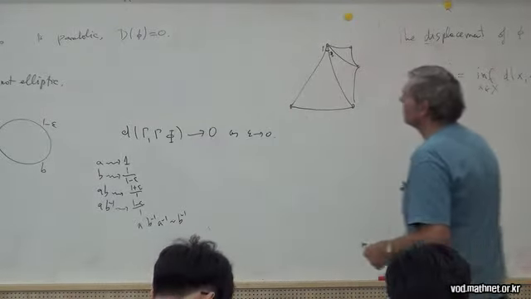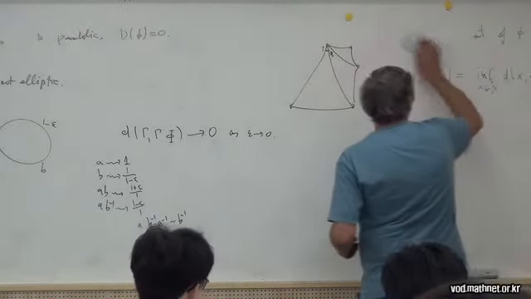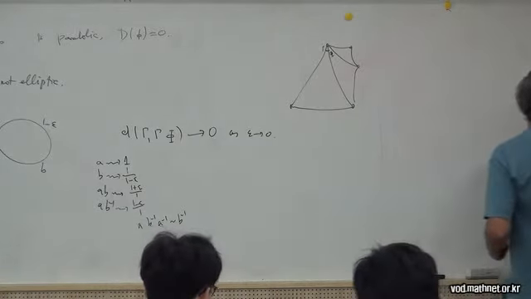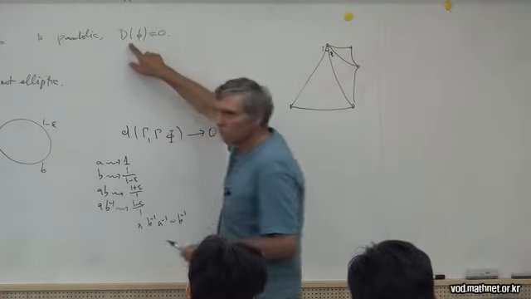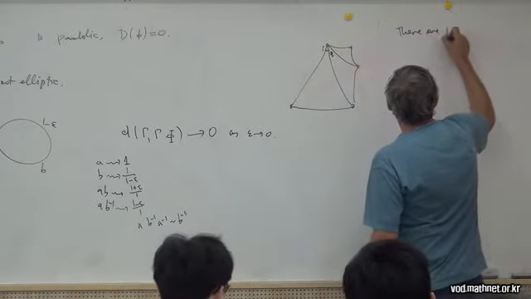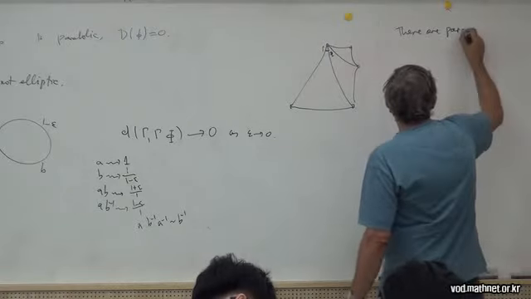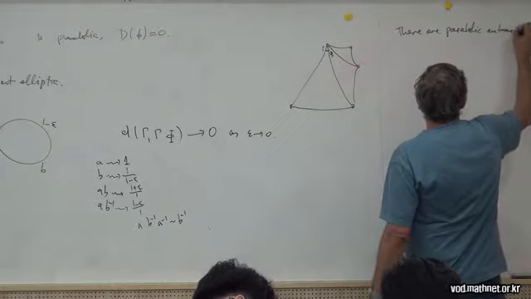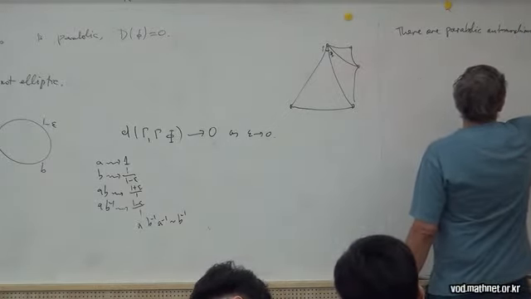Okay. Oh, maybe I'll just end with an example. It's not true that all parabolic automorphisms have the displacement equal to 0. It's maybe harder at this point to prove that it's parabolic, but I'll just say there are parabolic automorphisms with d of phi positive.